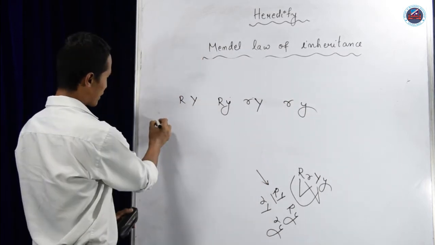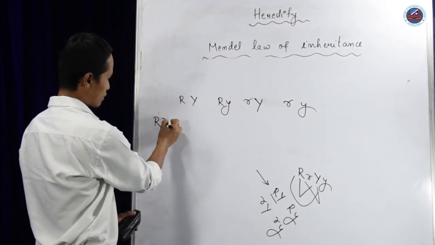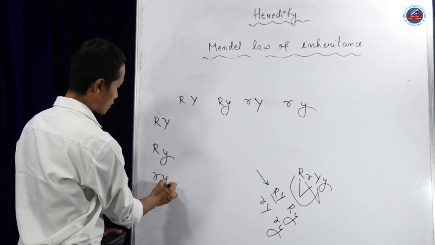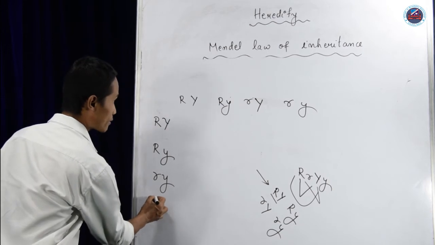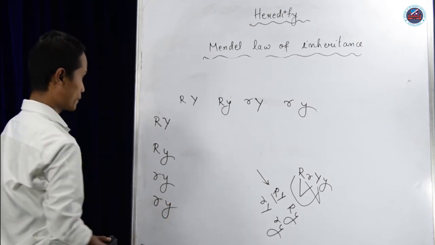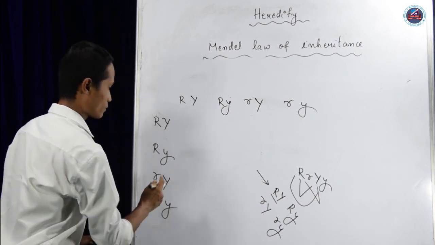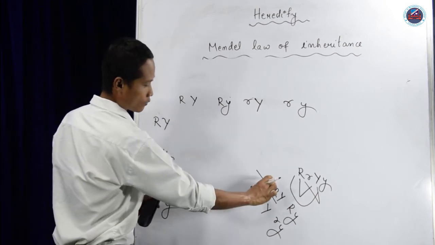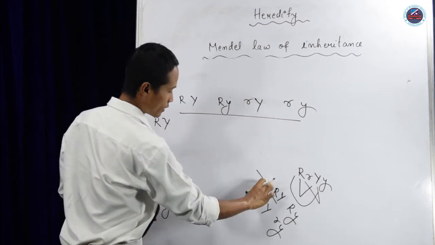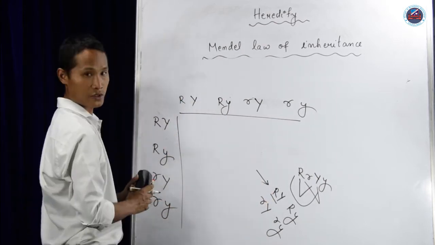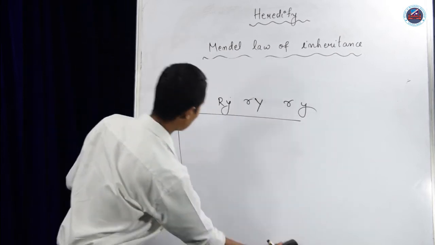Same as that, you have to make it like this. We make the same here, and on the left-hand side we make the same letters. Okay, now let's cross it.